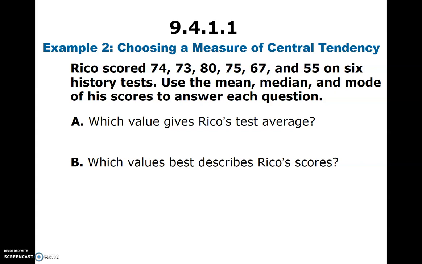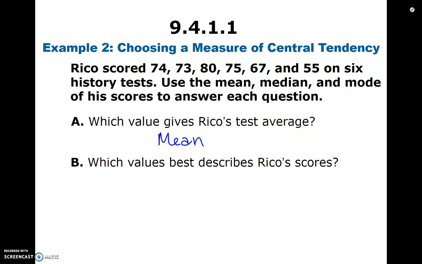So in A, which value gives Rico's test average? Well, I talked about average being the mean. Okay, to find your test average, you would add up all your scores and divide by how many there are. Well, that is the mean. I want to know which value best describes his scores.